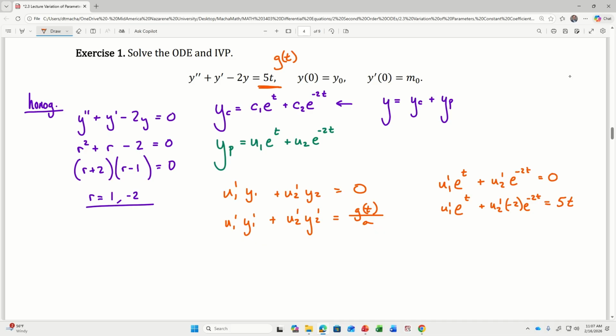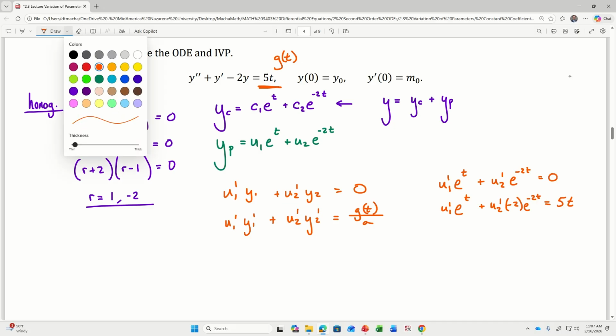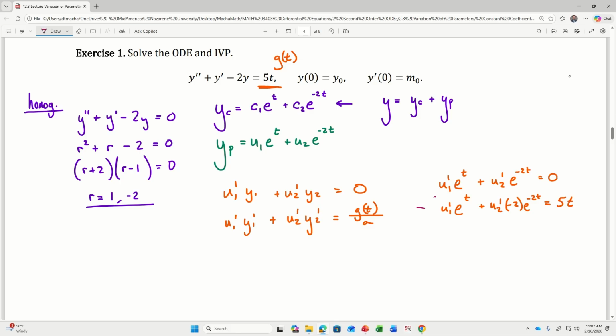All right, so look at this system of equations. Sometimes substitution is the only way to solve this system of equations, but I think it would actually be nice just to take the first equation minus the second equation and see what we get. Because then the first term cancels out. And the second term is this minus negative 2, so 2 negatives make a positive, and I get 3 u2 prime e to the negative 2t.